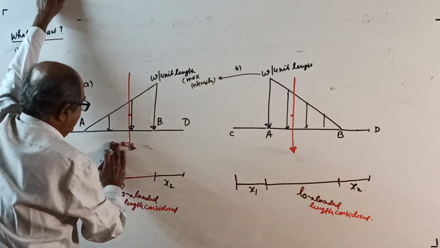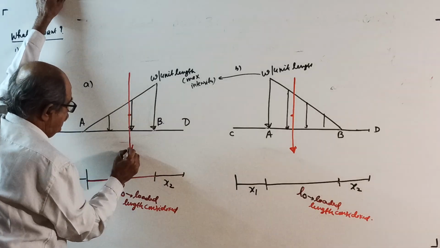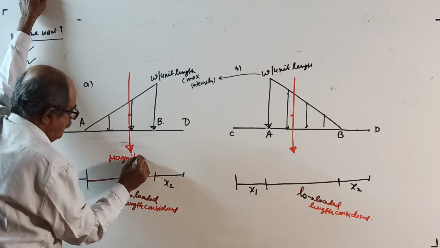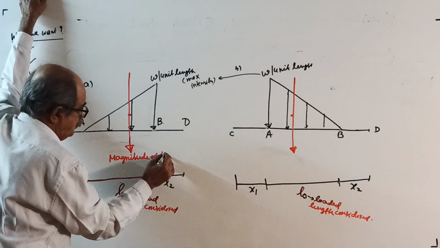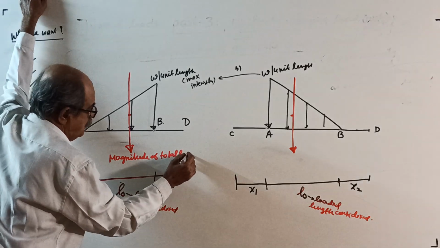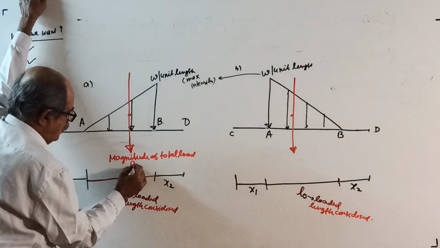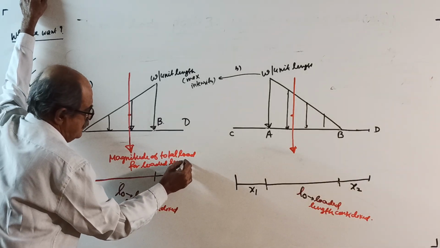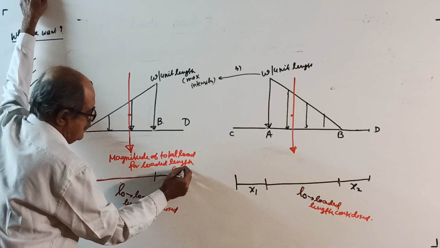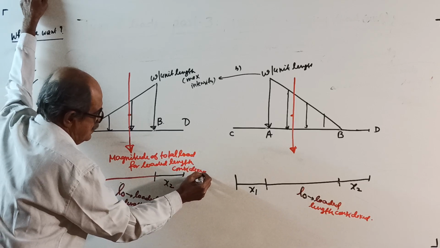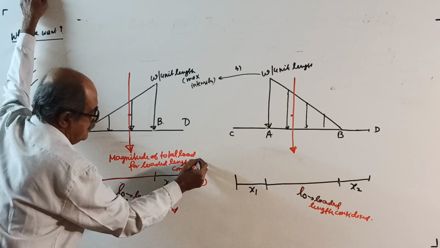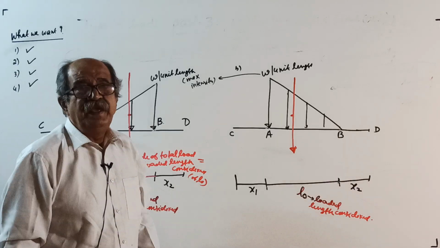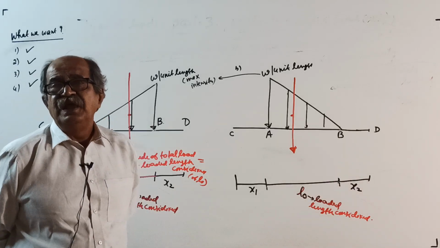this is, I write here now, arrow mark, okay. This is the magnitude of total load for loaded length considered of L0 equal to, I told very clearly, in case of UDL, multiply the intensity with loaded length.